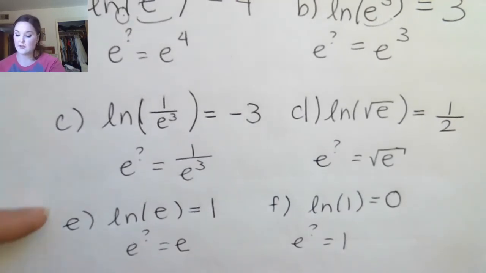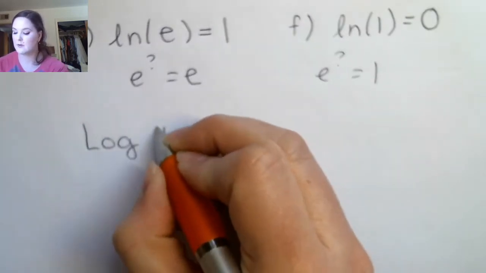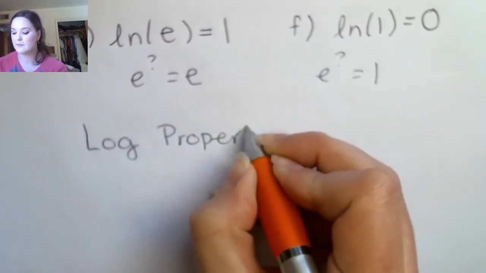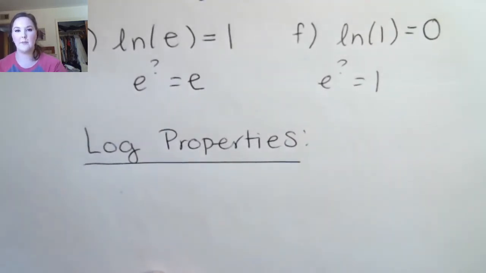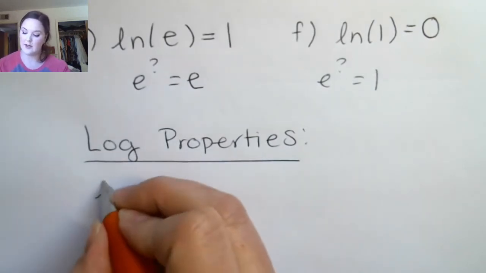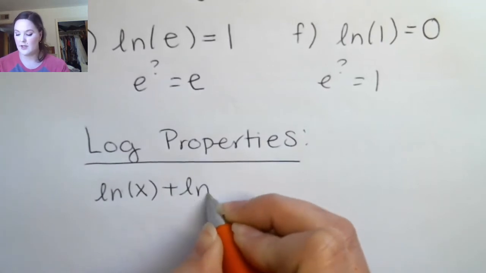All right, so let's talk about the log properties. These are exactly the same as the log properties that we saw before. They're just written with the natural log notation.